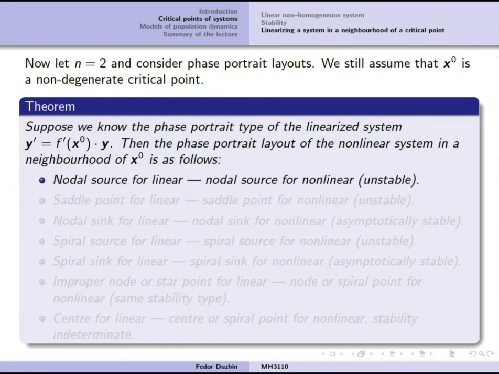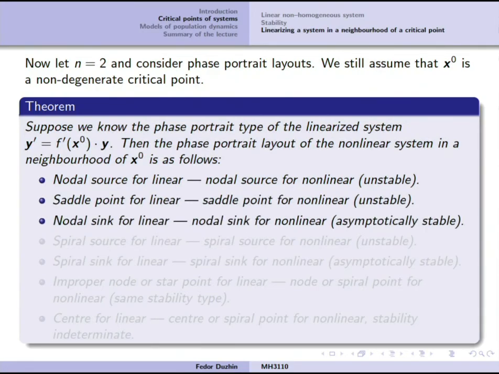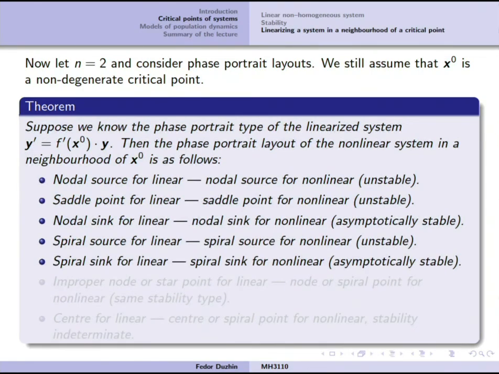And the theorem tells us that if the linear system has a nodal source, then so does the nonlinear system. Same for saddle point, same for nodal sink, same for spiral source, same for spiral sink. So here there is one-to-one correspondence. If the linear system has a certain type of critical point, then the original nonlinear system has exactly the same type of critical point.